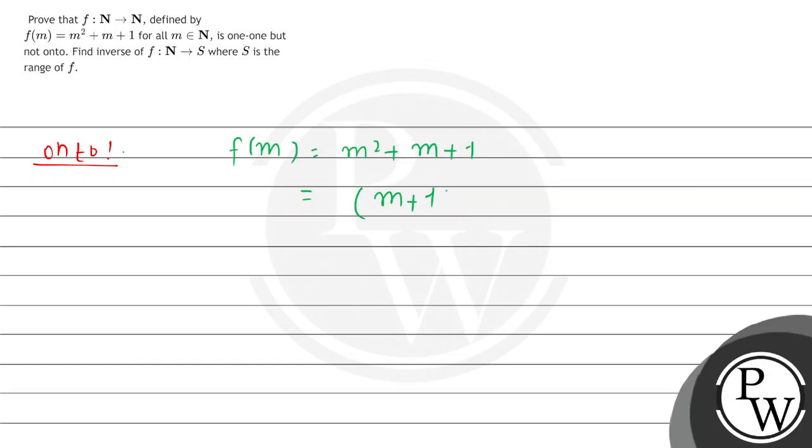We can write it as m plus 1 by 2 whole square plus 3 by 4. We have made a perfect square of this function. Now we'll put all the natural values. It is given that N is the domain, and we know that N may hold the values 1, 2, 3 up to infinity. So we'll put 1 by 1 value here.